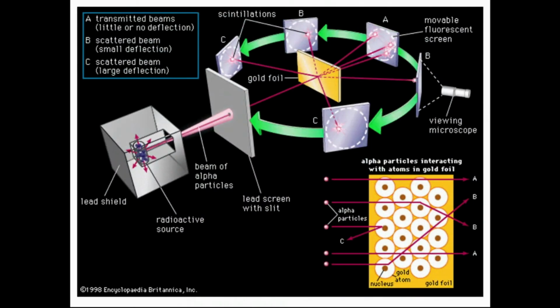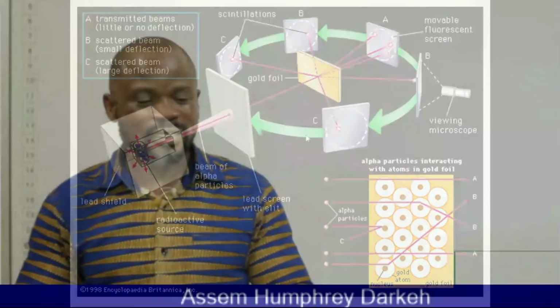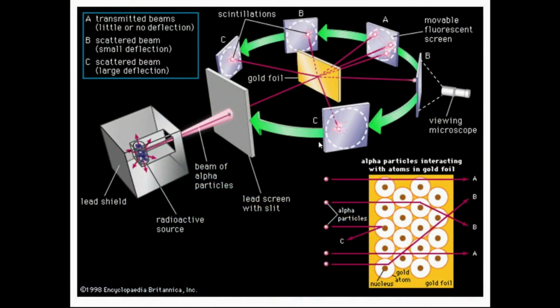Yeah, so I believe you all watched the video keenly and you've taken notice of the things that went on in that video. Now, in your sheet, you find the experimental setup, the gold foil experiment.